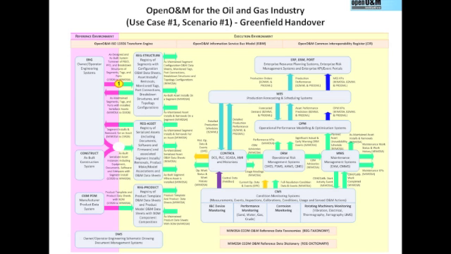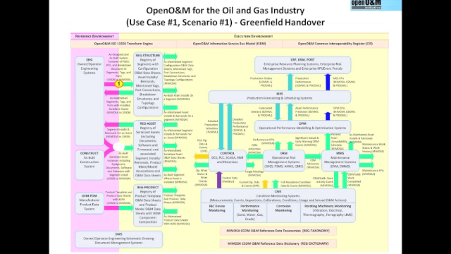Being able to keep that in machine readable form to come over, do handover and automated provisioning is absolutely key. All the color-coded information flows here deal with all the various standards that are responsible for the subsequent execution in the O&M environment. Many of those are standards that are part of the OpenO&M initiative. They include ISA, MIMOSA, OPC Foundation, etc. And they're all properly mapped out in the legend.